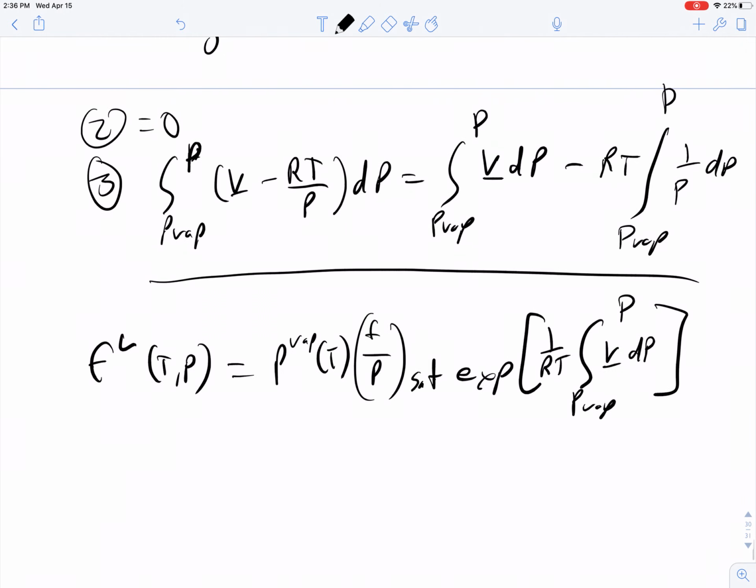Really, this is a small correction factor called the Poynting correction.